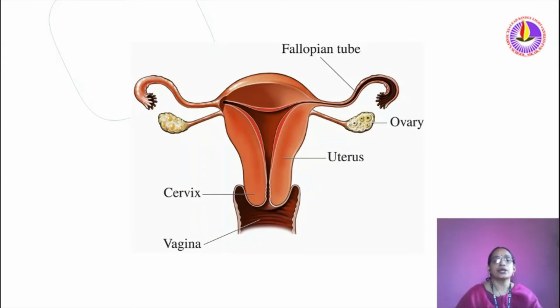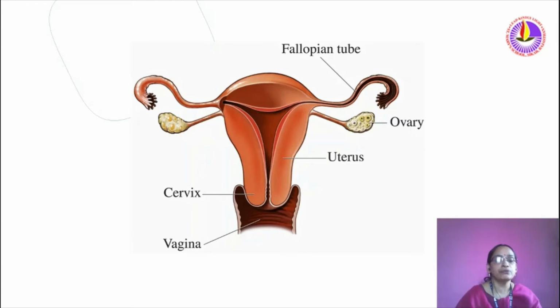Let us see the structure. Here you can see the structure of the female reproductive system. At the top you are seeing the fallopian tubes, and on the right side and left side two fallopian tubes are present.